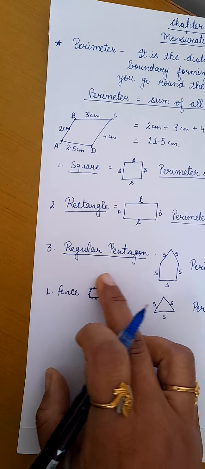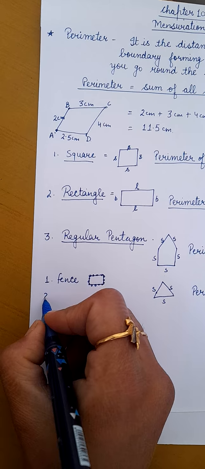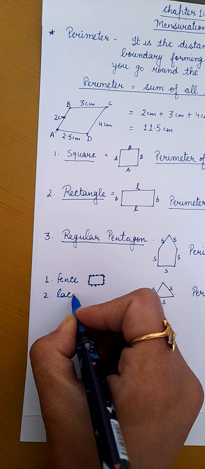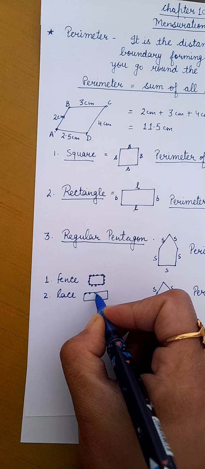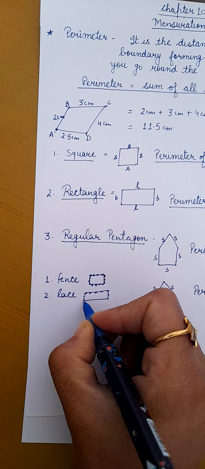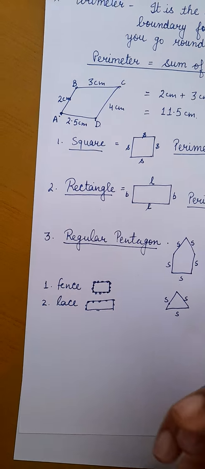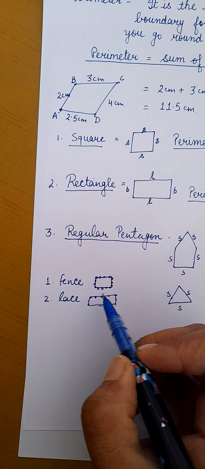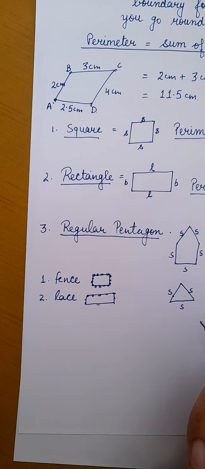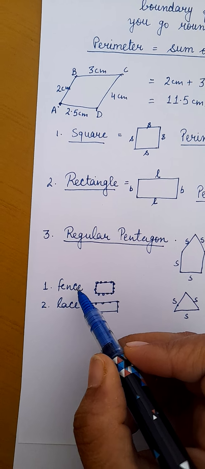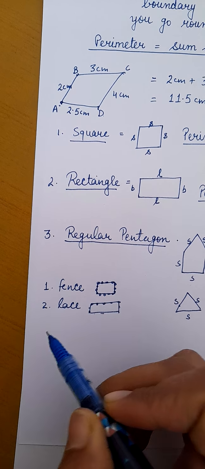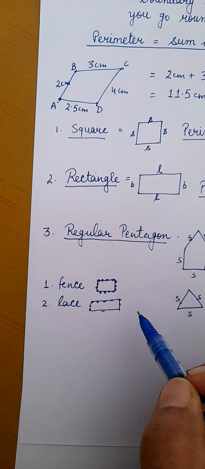You will put it only on the boundary. If you want to put a lace, that is also only on the boundary. Now according to the shape given to you, if a rectangle is given, you will use the rectangular formula. If a square is given, you will use the square formula. So fencing is all about perimeter, lacing is all about perimeter.